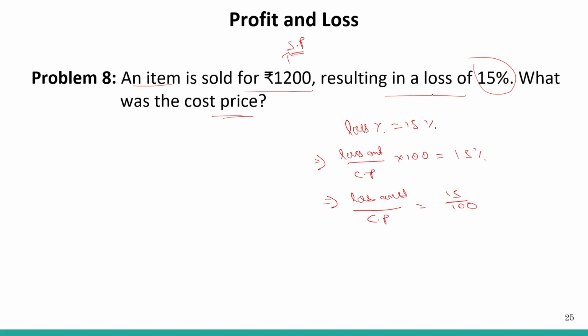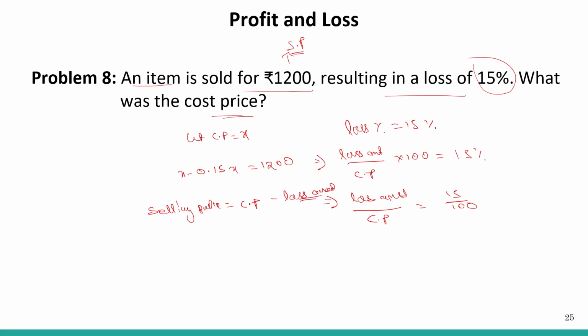So let's see, what is the cost price? Let CP be equal to X. So 15% loss, right? So 0.15x. X minus 0.15x is equal to 1200, because selling price is equal to cost price minus loss amount.